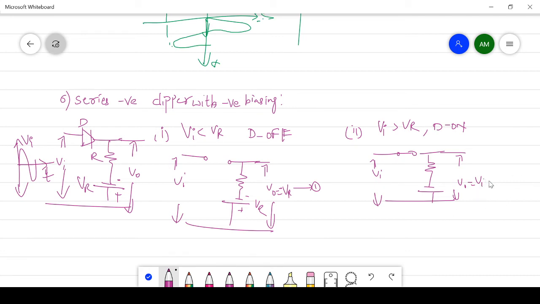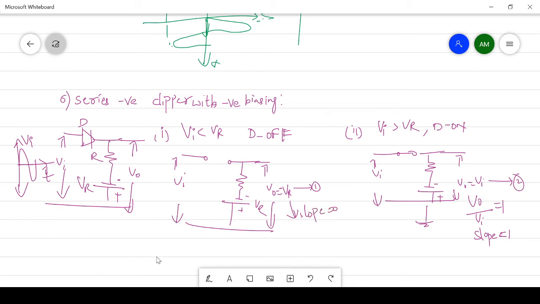So V naught is equal to Vi. This is equation 2. From this equation, V naught by Vi is equal to 1, so the slope is 1. In the first region the slope is 0.